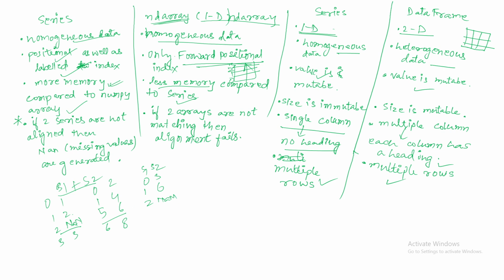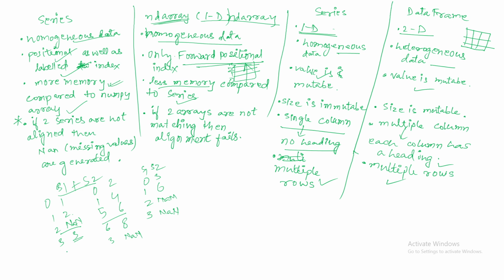If there is no value, then also it will come as a missing value. 3 is also not aligned, only here 3, here no value. So 3 plus NaN, that means no value. So 3 plus NaN gives NaN only, because numeric values are accepted only with numeric values. So at 3 place what will come? NaN. Whenever your index is not matching, a missing value will be generated.